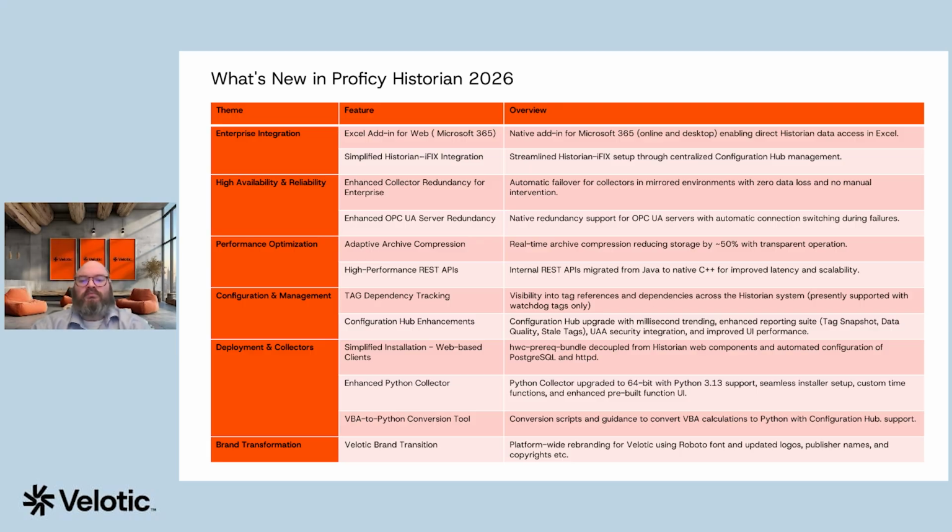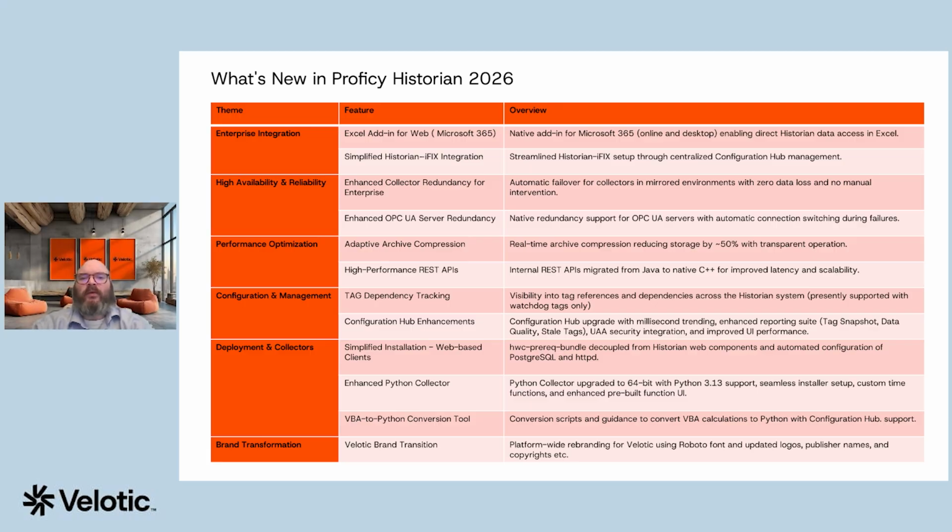Configuration Hub, the key to everything today within Historian over the last few years. Let's make it better. Millisecond trending, enhanced reporting, better UAA security integration, and improved UI performance. I think this would be really great for anyone who started to use Config Hub, or if you're a user today who maybe hasn't gotten to the point of using Configuration Hub, but has thought about it and is looking for a really streamlined web-based experience where you have centralized configuration across all your applications.